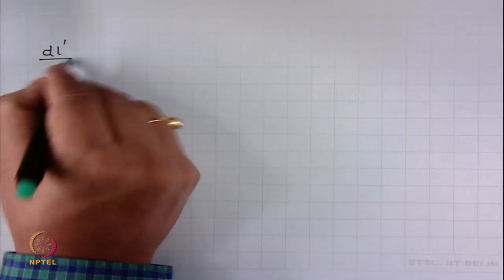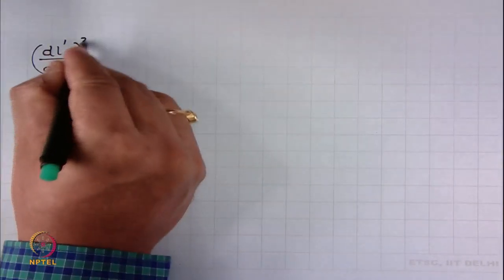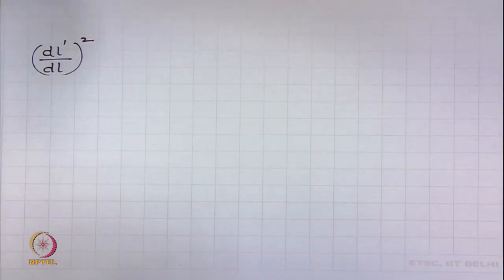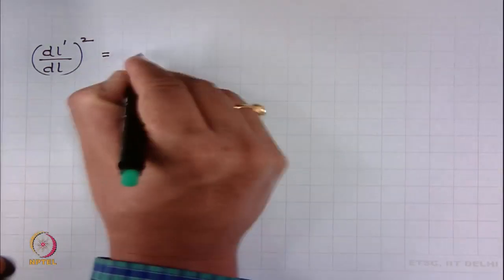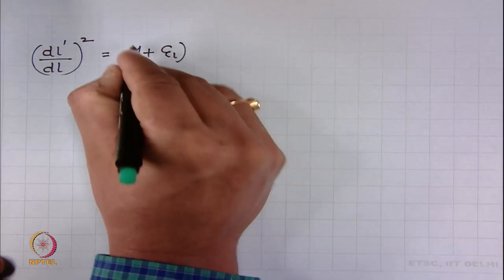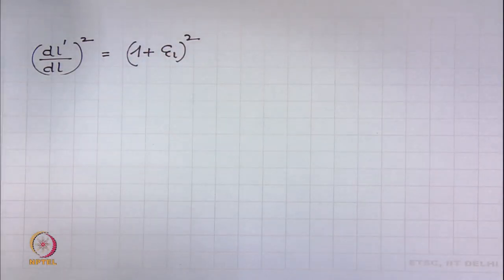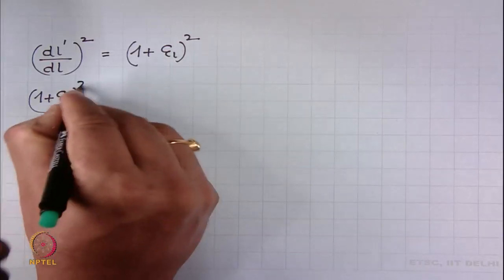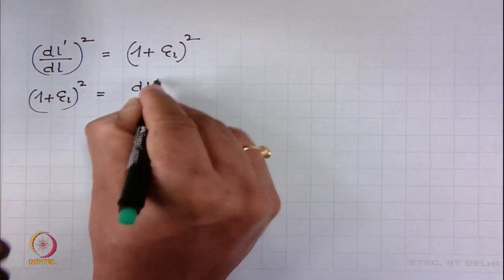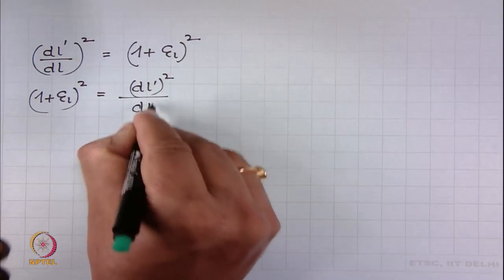What is dl prime by dl square? dl prime by dl square was defined by one plus epsilon L, so 1 plus epsilon L square is this divided by this.